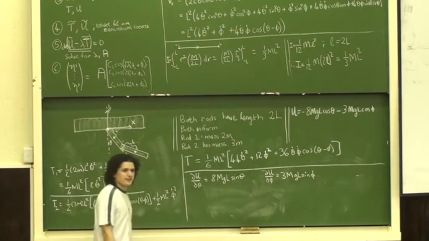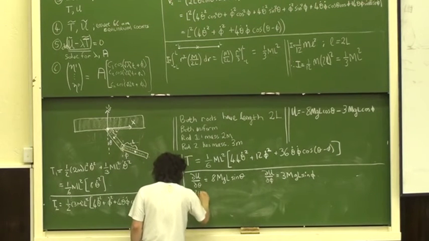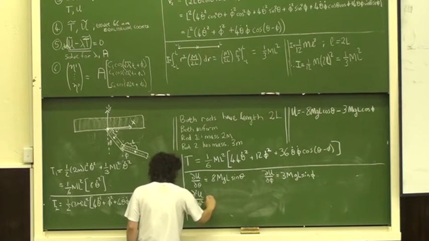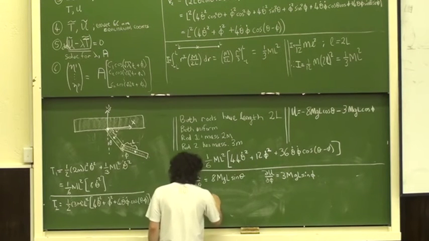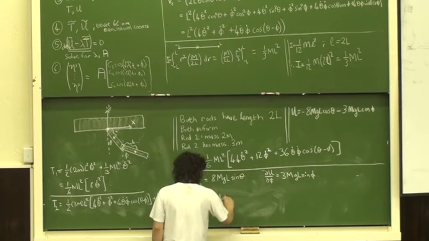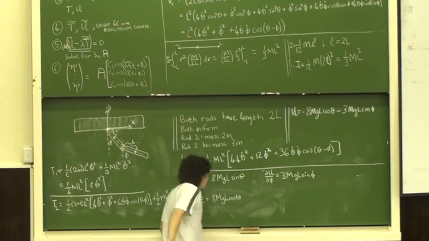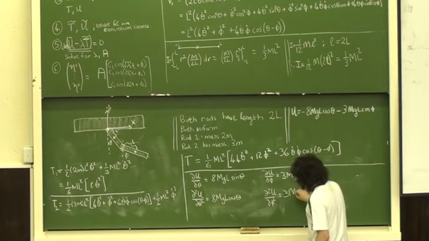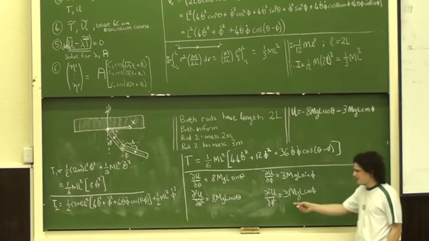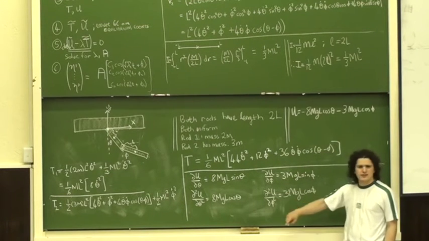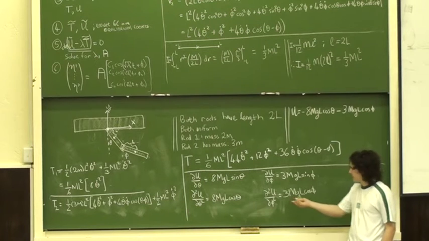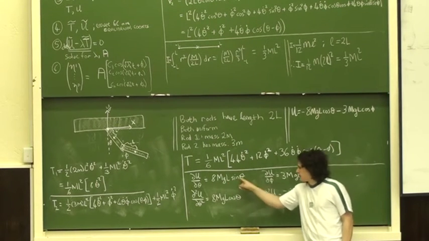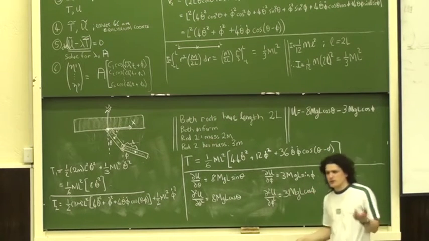Working out the second derivatives, I get del squared U del theta squared is equal to 8 mgl cos theta, and del squared U del phi squared is equal to 3 mgl cos phi. By the way, what are the mixed partial derivatives? What is del squared U del theta del phi? 0. Right, this is only the theta and this is only the phi, so the mixed ones are 0.